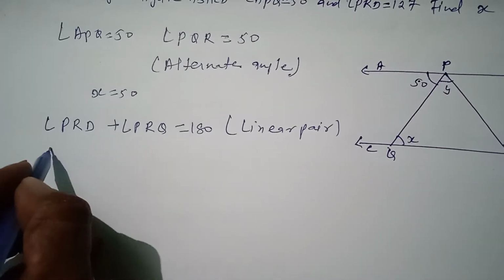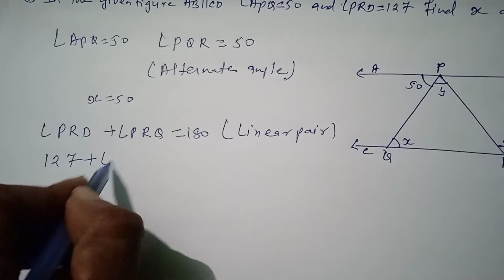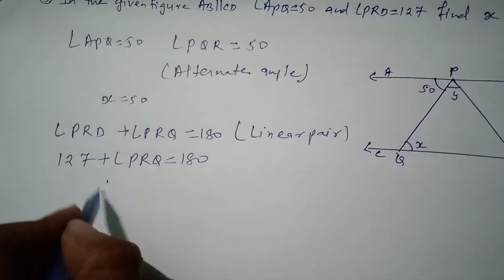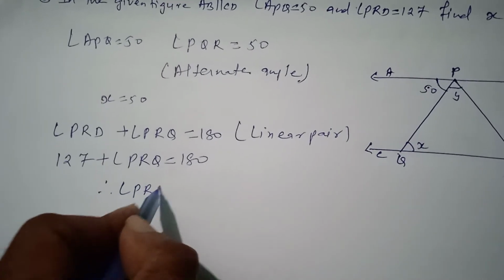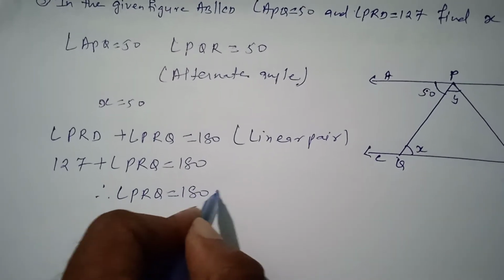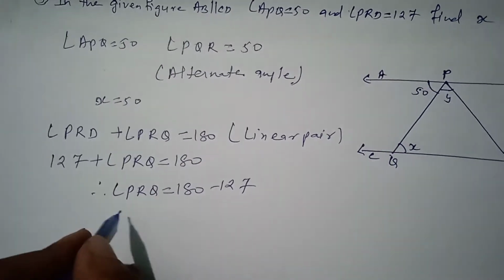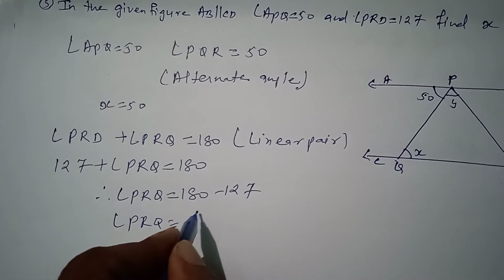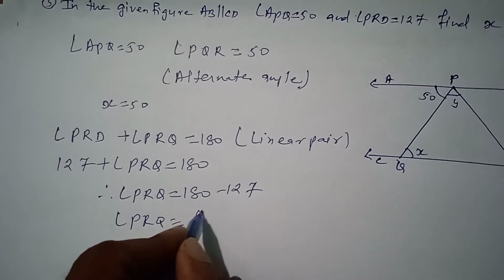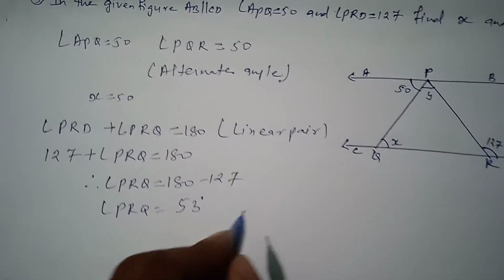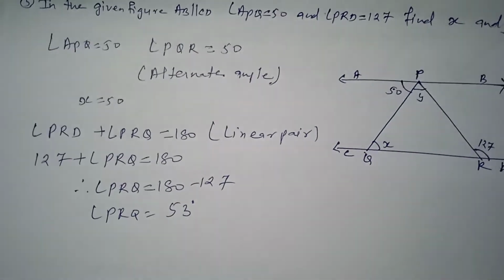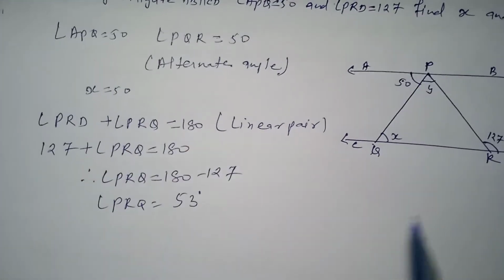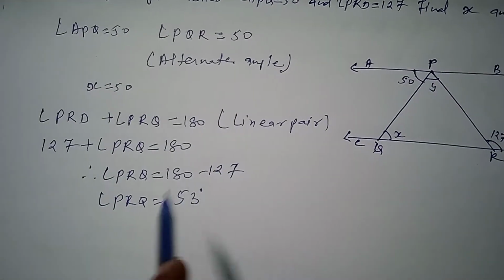PRD is 127, therefore angle PRQ is equal to 180 minus 127. Angle PRQ is equal to 53 degrees. PRQ we are getting 53. X we are having now 50. PRQ we are having 53.